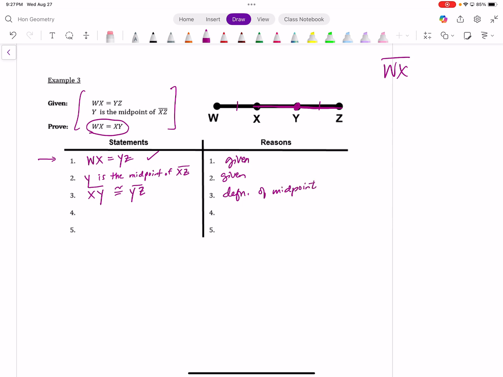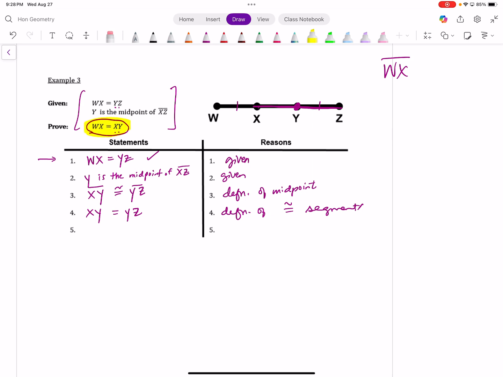And see up here how it's XY, YZ. I'm going to keep it in that order because it's easier for everybody, you and anybody reading it. But XY being congruent to YZ means that XY is equal to YZ because that's the definition of congruent segments. Okay.